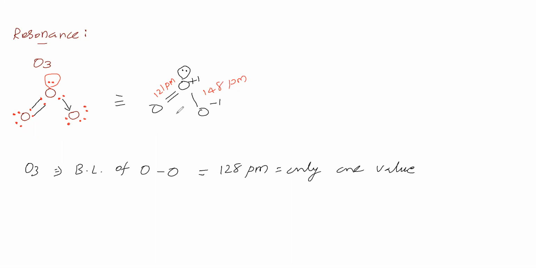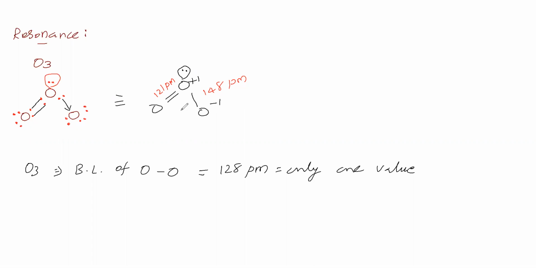This is one possibility of writing the structure of ozone. The structure of ozone may be like this, as per Lewis, but this is not in accordance with the experiment. Therefore it is not the actual structure of ozone.